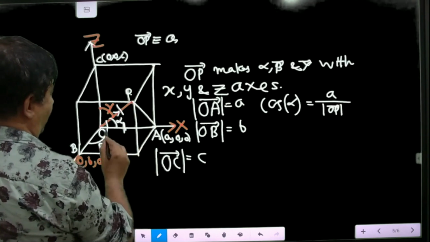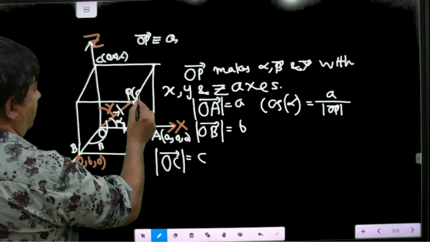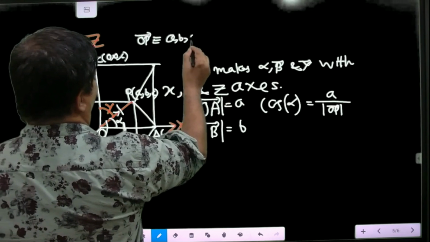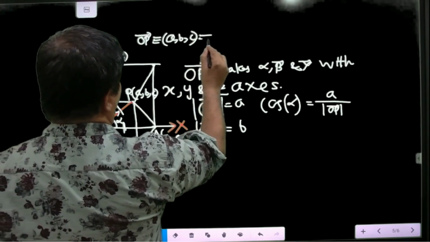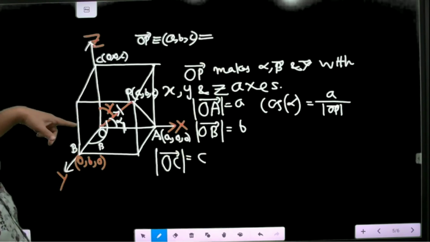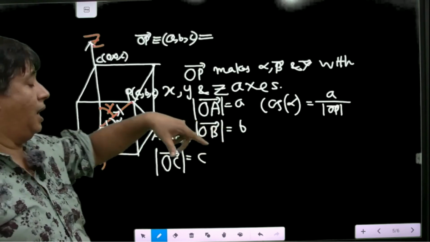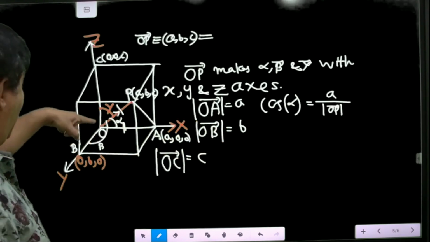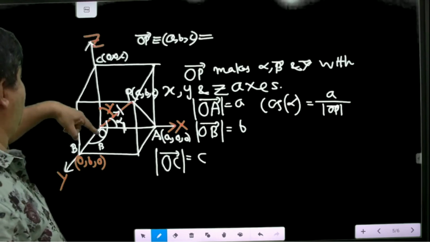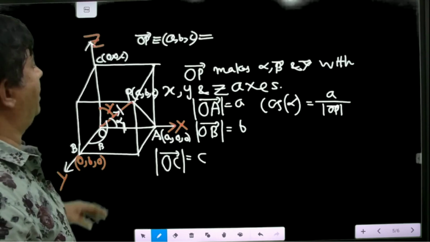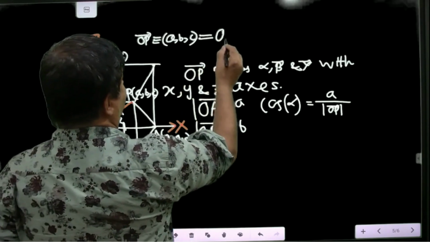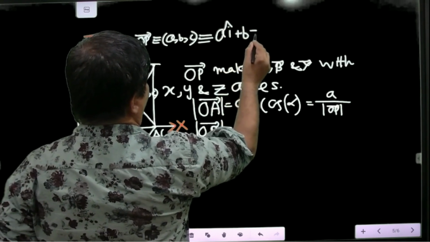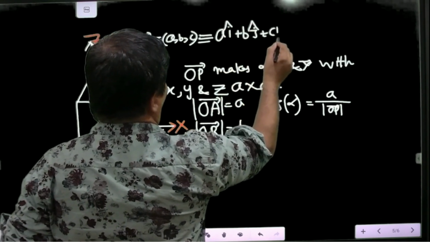A comma B comma C, and by vector, along the x-axis I will consider I unit vector, along y-axis J, along z-axis K. So I can write it AI plus BJ plus CK.